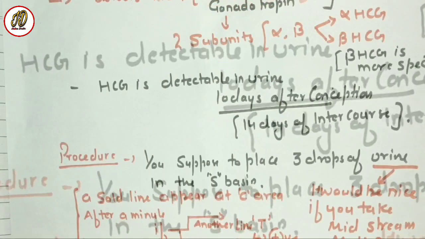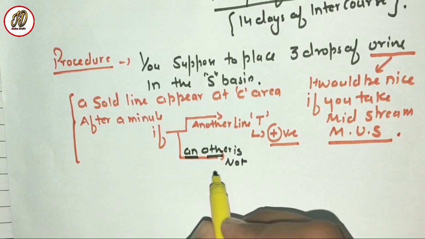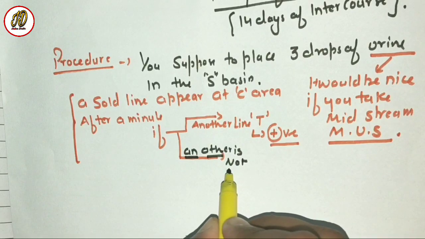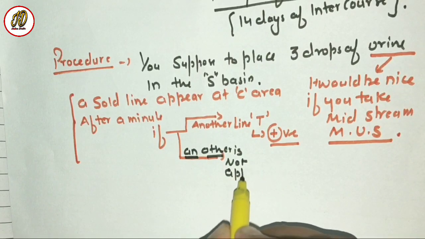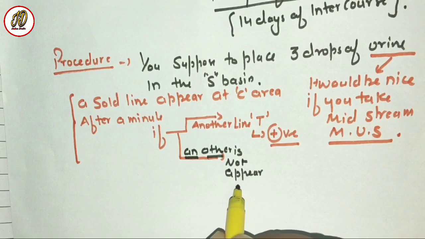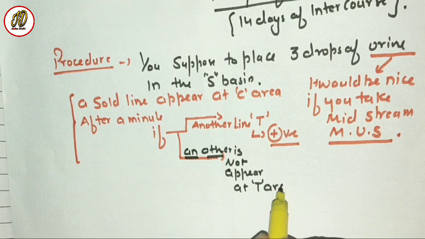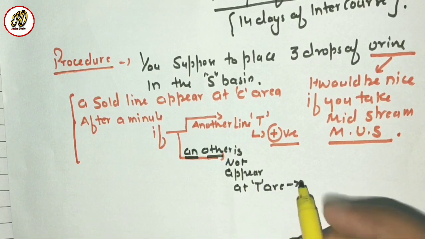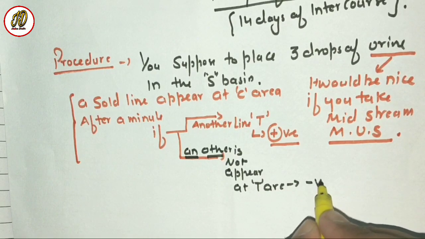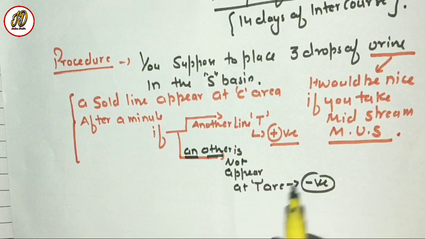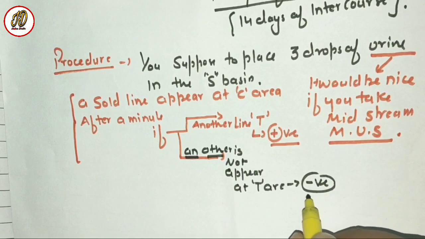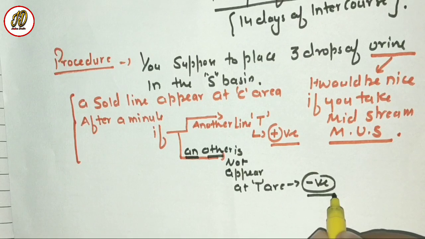And if the other line does not appear at the T area, then the patient is not pregnant, or you can say the pregnancy test is negative.